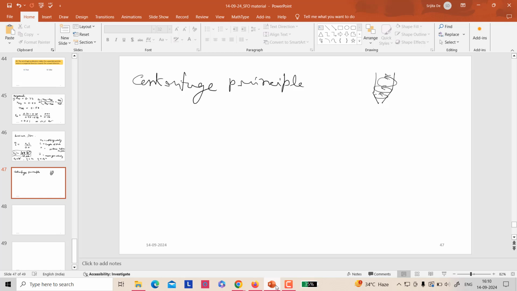As the particles are rotating, they feel a centrifugal force upon them, right? And also they feel some gravitational force.